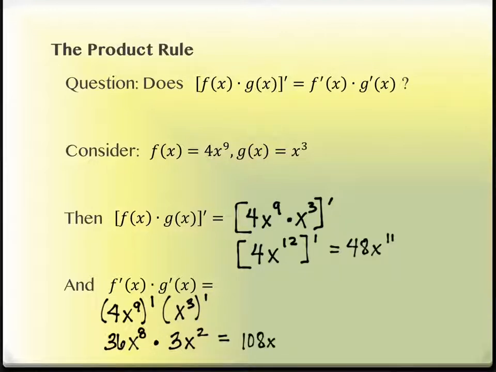And my exponent on my x's would be 10. What I want you to see is that the results aren't the same. I cannot just take the derivative of each part individually and have the same result. It doesn't work. So this is not true. This is a no.